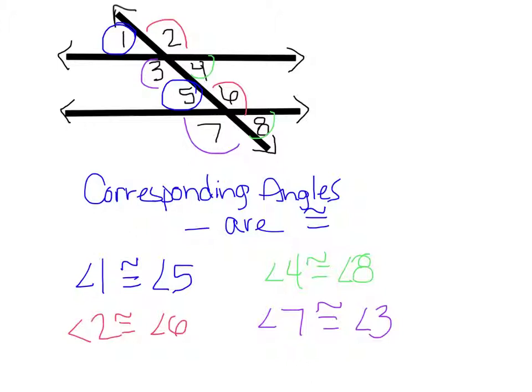Now we're going to do something else here in the last little bit of class. If I give you the measure of one angle, do you suppose that you're going to be able to figure out the measure of all the other angles with what you know about angles, what we learned last week about adjacent angles, straight angles, vertical angles? Today we've talked about alternate interior, alternate exterior, and corresponding.